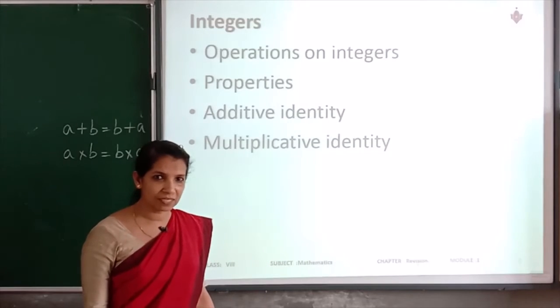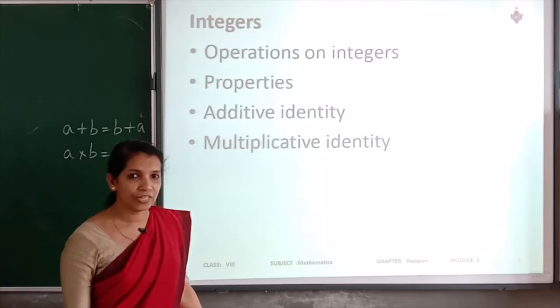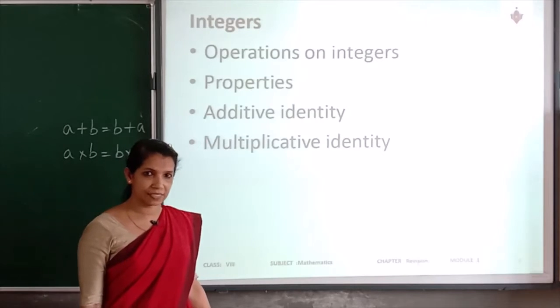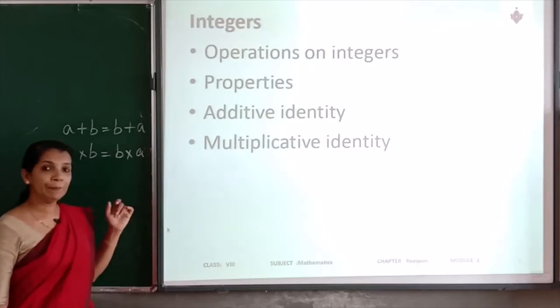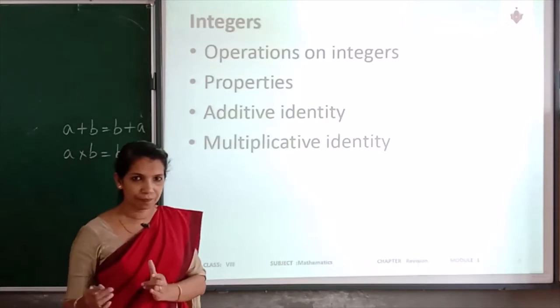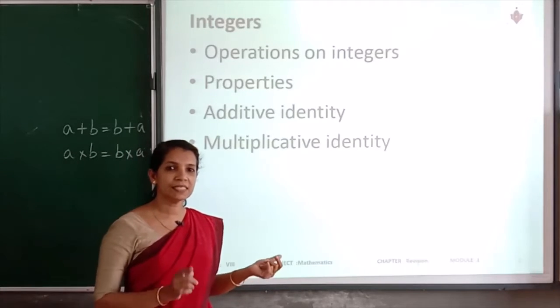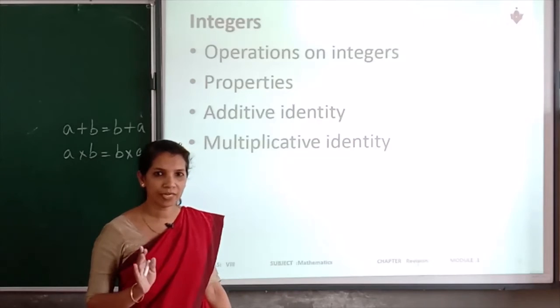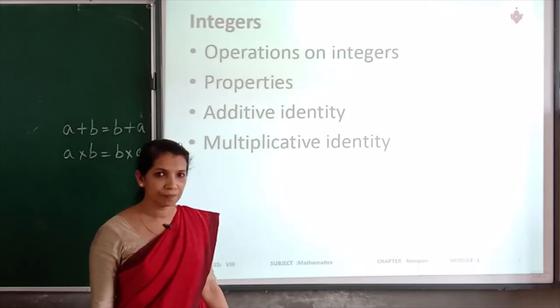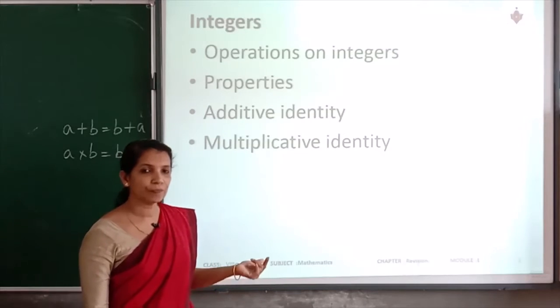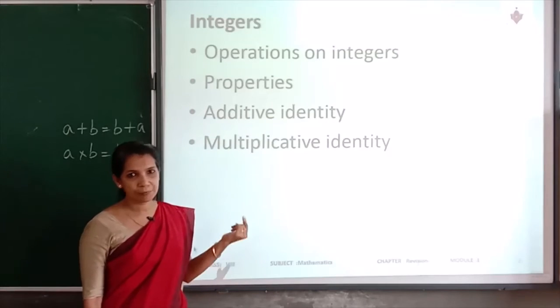How many numbers are there in associative property? We consider 3 integers. The property states that 3 integers can be added in any order and 3 integers can be multiplied in any order. But subtraction and division, when you change the order, you will not get the same answer.